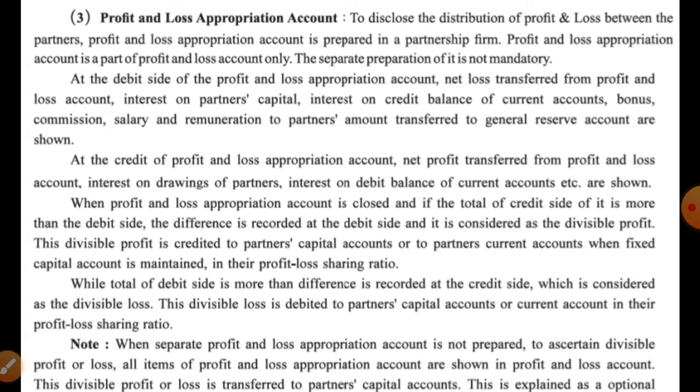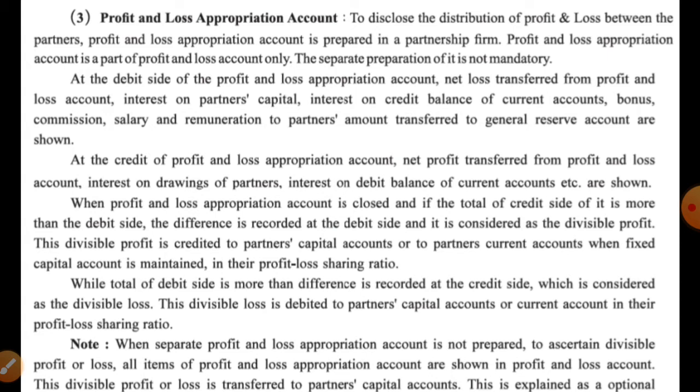Okay, so on the debit side of the profit and loss appropriation account, net loss transferred from profit and loss account, interest on partners' capital, interest on credit balance of current account, bonus, commission, salary and remuneration to partners, and amount transferred to general reserve account are shown. It means on the debit side, the net profit available from the P&L account will be there.